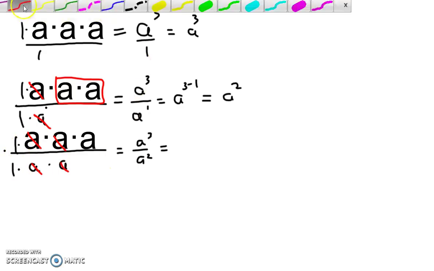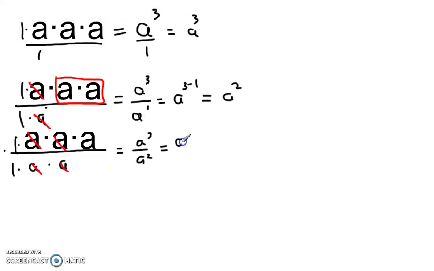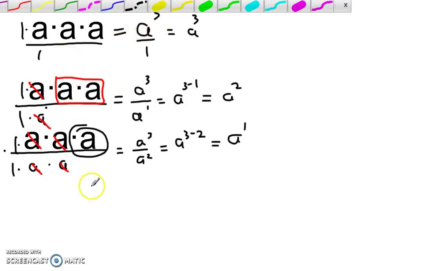So that is also a, 3 minus 2. So I'm left with only one factor of a, so a to the first power. Or I could put that over 1, right? That's all that's left, but we don't necessarily need this over 1. We don't usually write that if something's being divided or multiplied by 1.